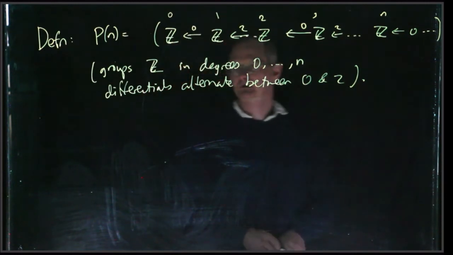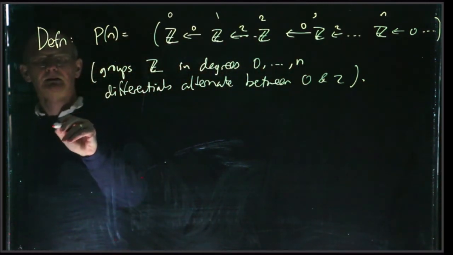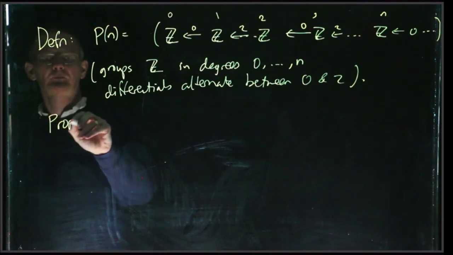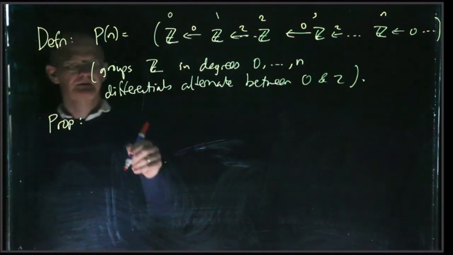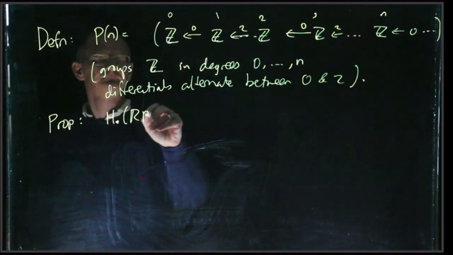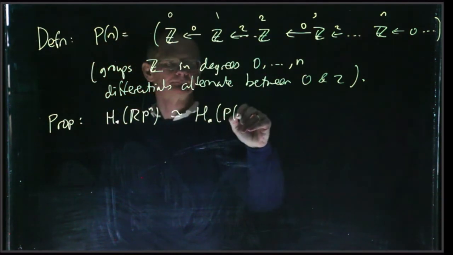So that's the definition of the chain complex Pn, and it's a proposition, which I'm not going to prove, but I'm going to state, that the homology of RP n is isomorphic to the homology of this complex Pn.